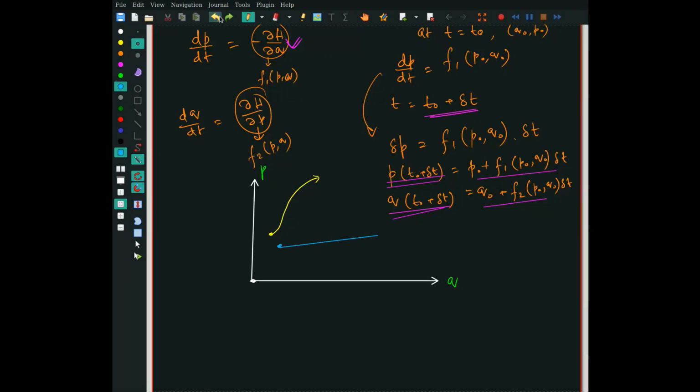Let me undo this. Yeah, it goes here. Then there is another evolutionary path, let's say it goes here, something like that. So this yellow, blue, and red lines represent basically the evolution of the same system.